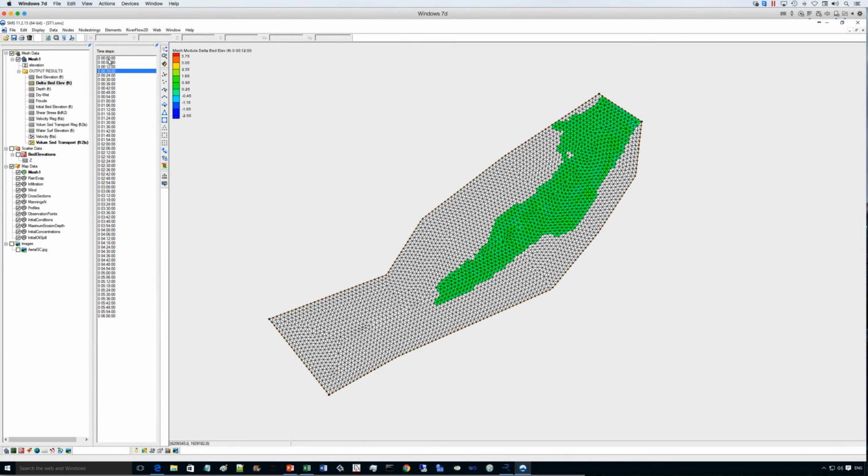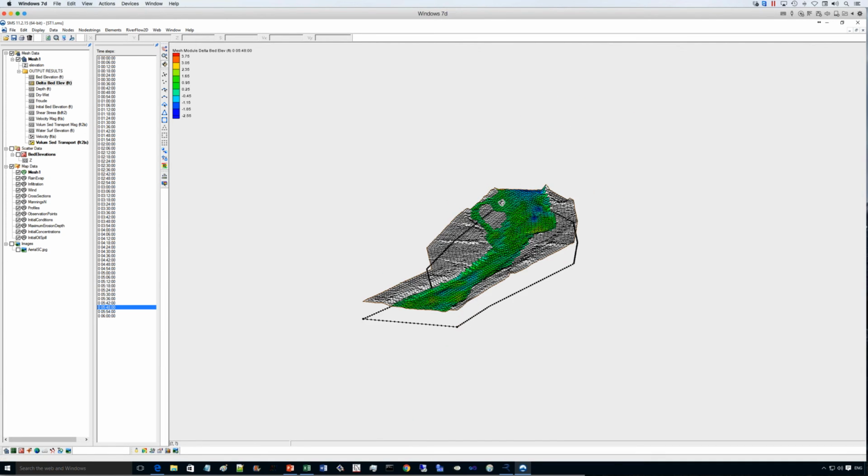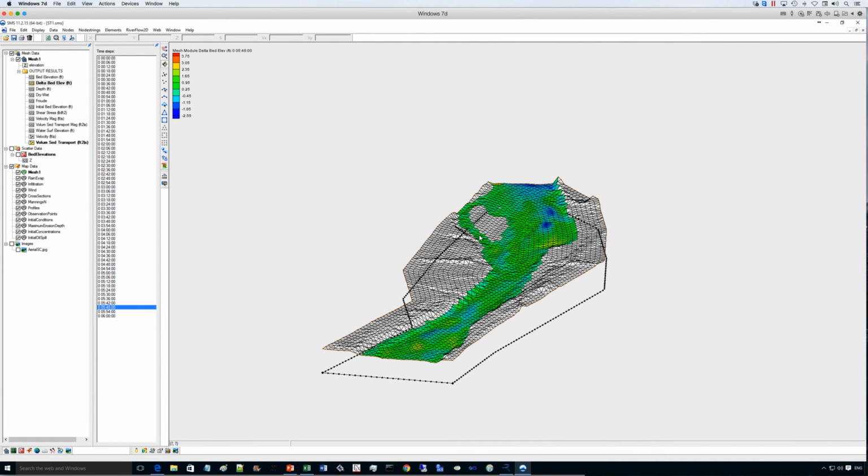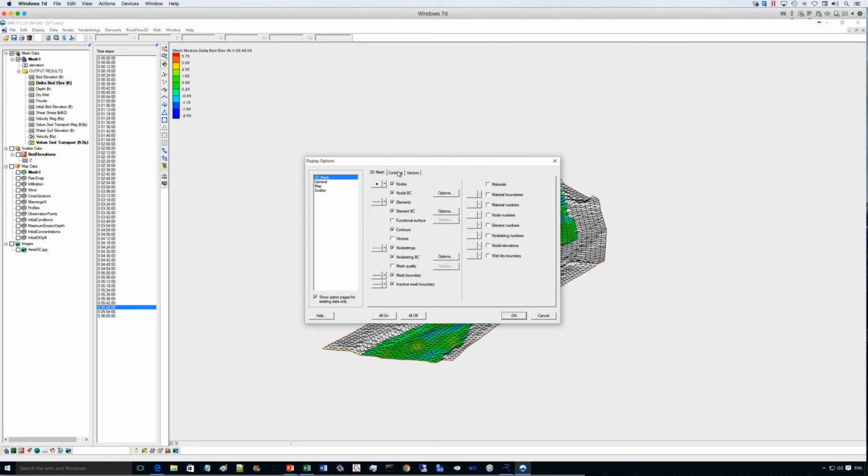So you see here that as I move down in time, you have areas of erosion depicted here in dark blue, and areas of deposition depicted here in yellowish or reddish color. So you can look at this in 3D perspective as well. You can do a lot of things here with the SMS interface.